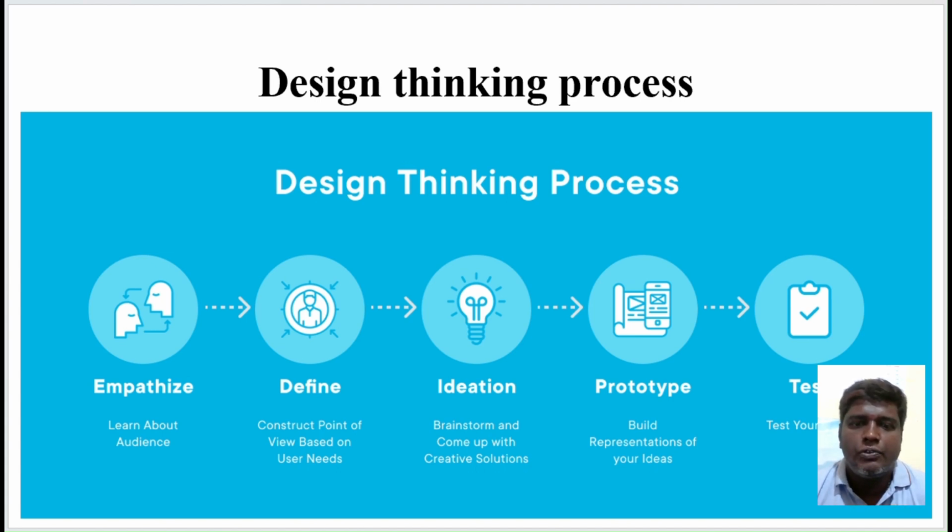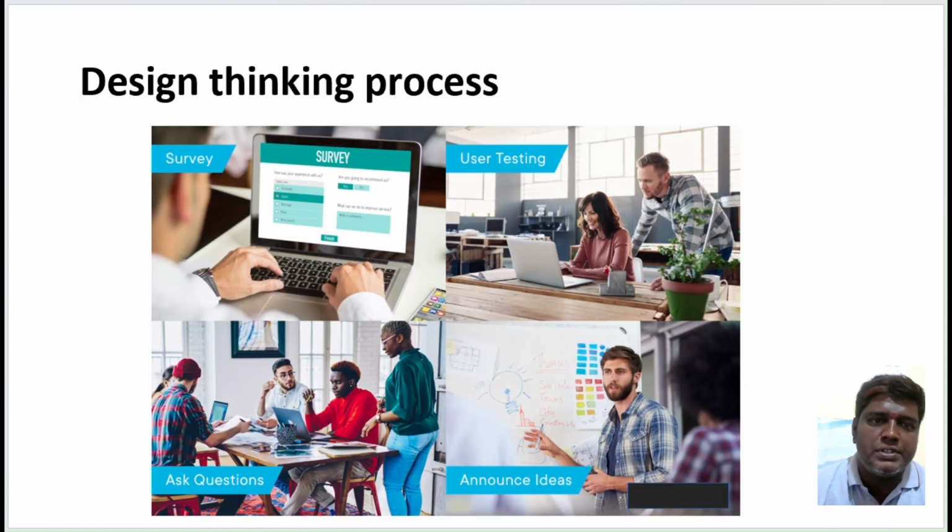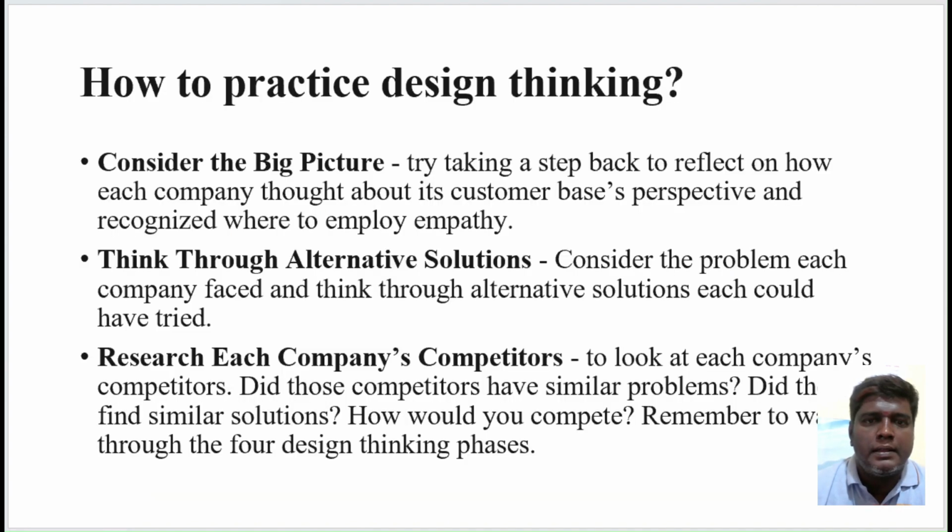Finally, they go for a prototype, and with the prototype development they go for testing and refine the product, and they continuously do this process until they get the right product. So here is another example of how the design thinking process really works, like surveying, user testing, asking questions, and announcing ideas. There are a lot of ways to consider these practices.